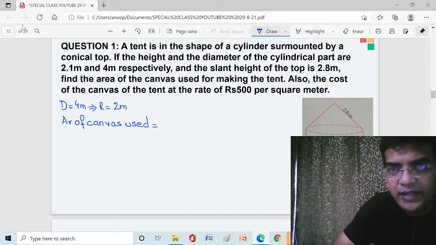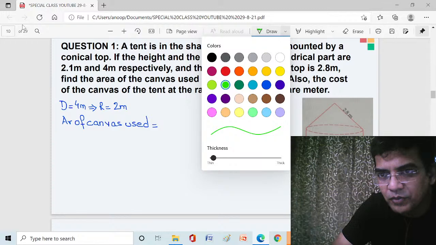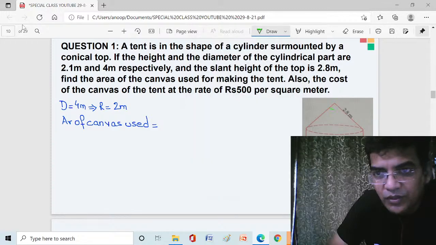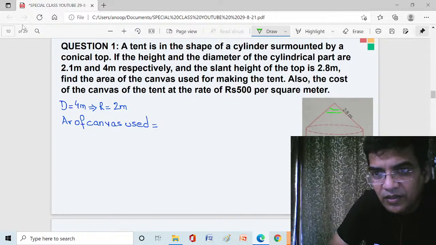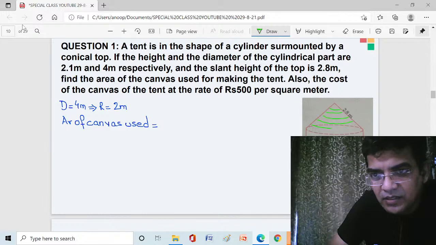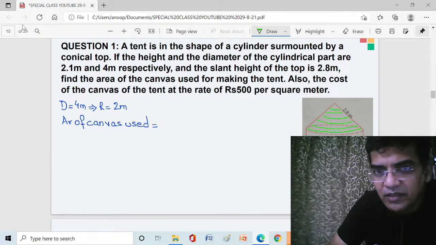I am highlighting it on the figure. For the conical portion, the canvas will be used on the curved surface area of the cone, which I am shading in green.